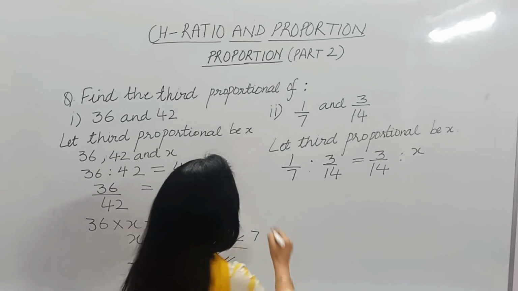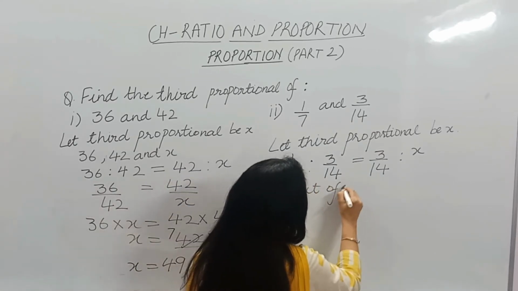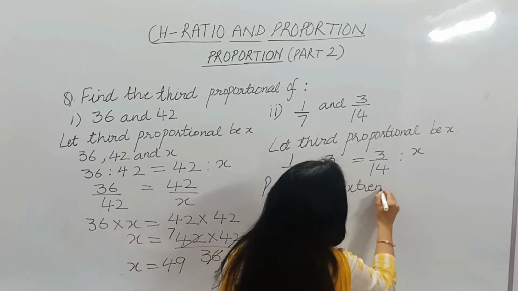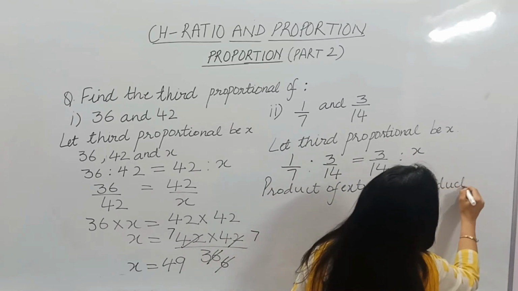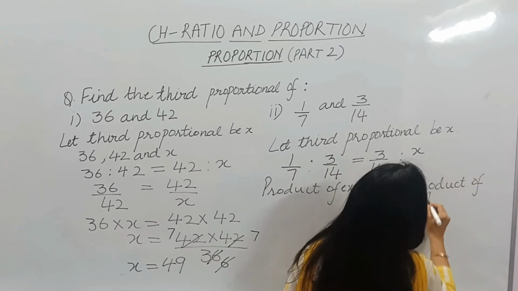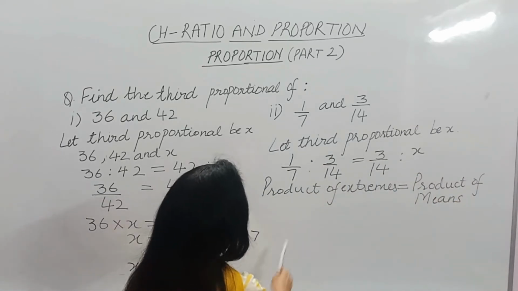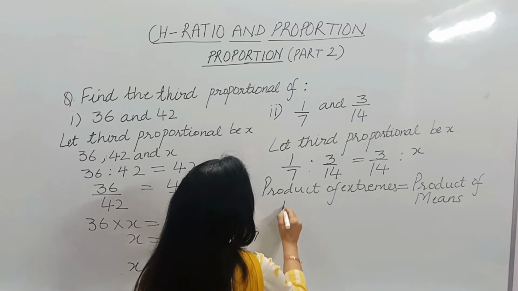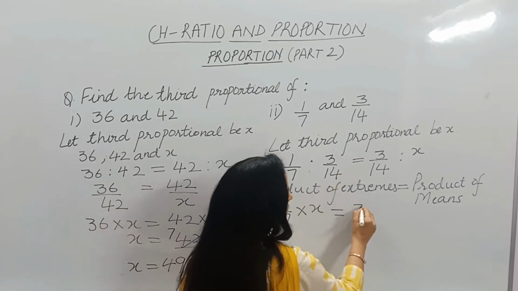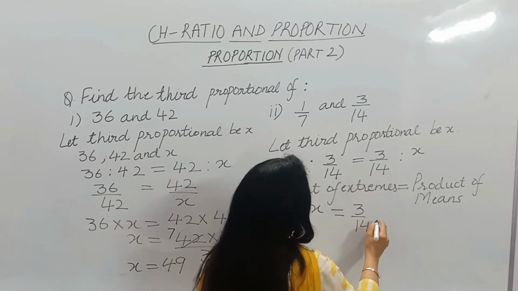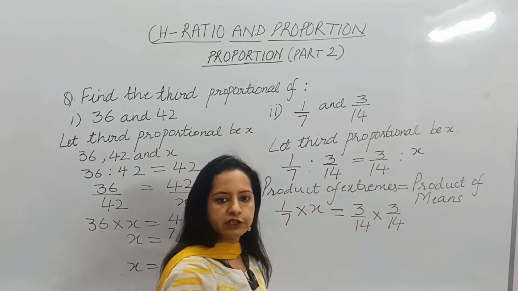Now we'll use the formula: product of extremes is equal to product of means. In this case, the extremes are 1 upon 7 and x. So 1 upon 7 multiplied by x is equal to the means, 3 upon 14 and 3 upon 14. That is, the second and the third quantity are the means.